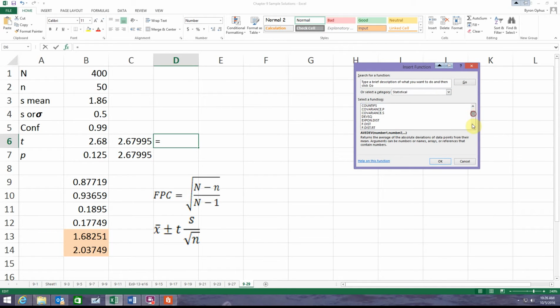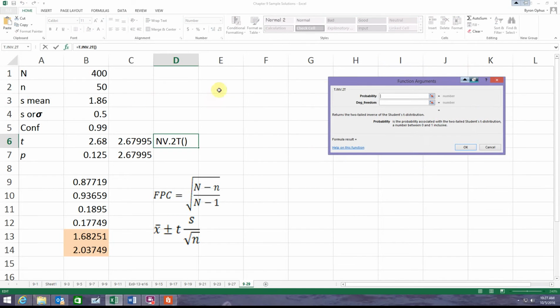But we'll go to the T. I believe it's this one, returns the two-tailed inverse of the student's T distribution. So this is inverse, okay? So we got to be a little bit careful there, and I'll tell you what that means when we go through it.